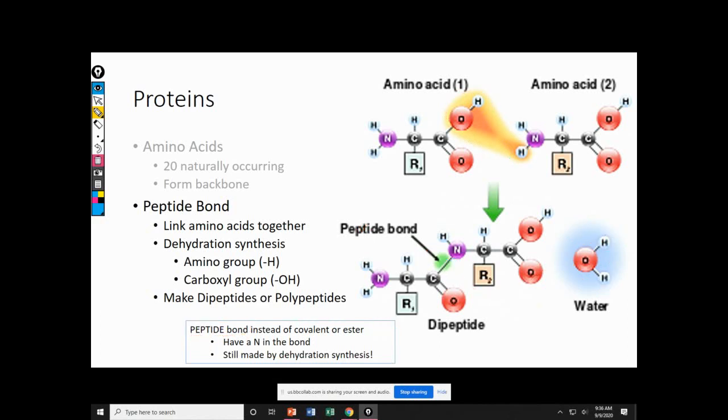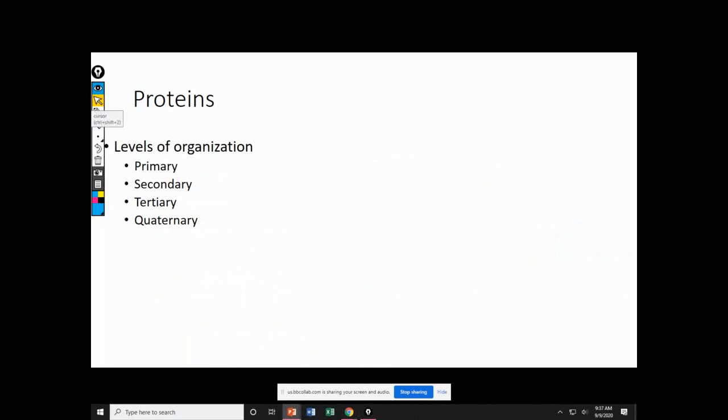So the key here is as we go to make our proteins, the amino acid is sort of the core subunit. And we're going to make polypeptides, a long chain of these amino acids in order to make a protein.